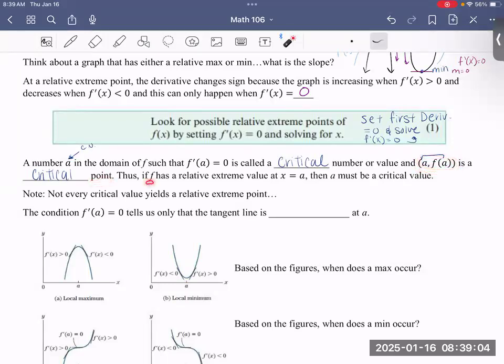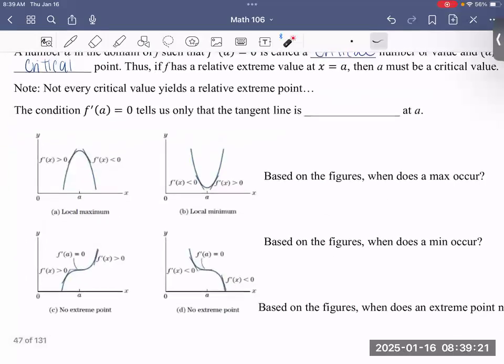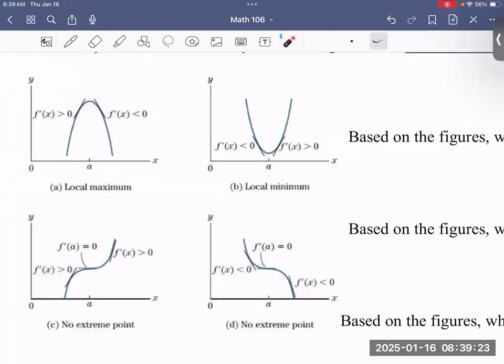Thus, if f has a relative extrema value at x equal to a, then a must be a critical value. But not every critical value yields a relative extreme point. If you look at these 4 graphs down here, you'll notice that you can still have a critical value or a critical point even when it's not at a max or a min.